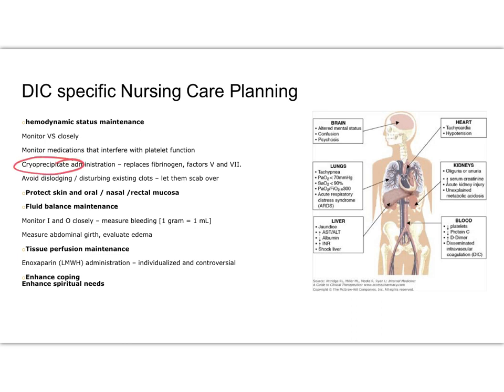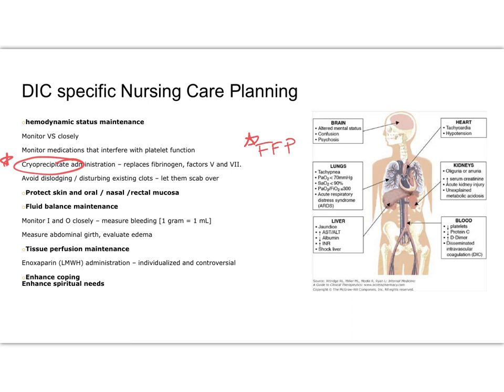Cryoprecipitate. Sometimes we give FFP, fresh frozen plasma, which has all those clotting factors. So you may see that, transfuse FFP. Cryoprecipitate is like FFP on steroids. It's spun down until it's ultra concentrated. Either of those could show up on a test, okay?